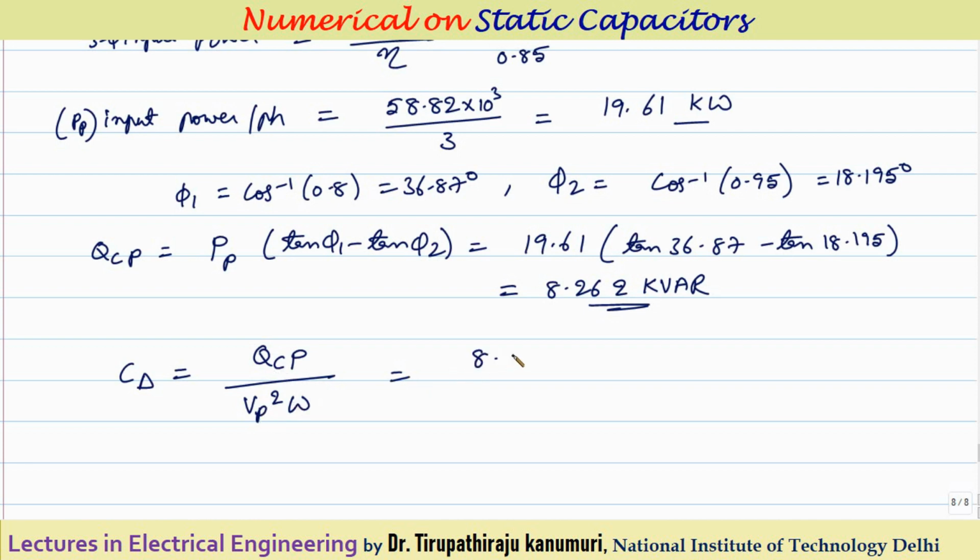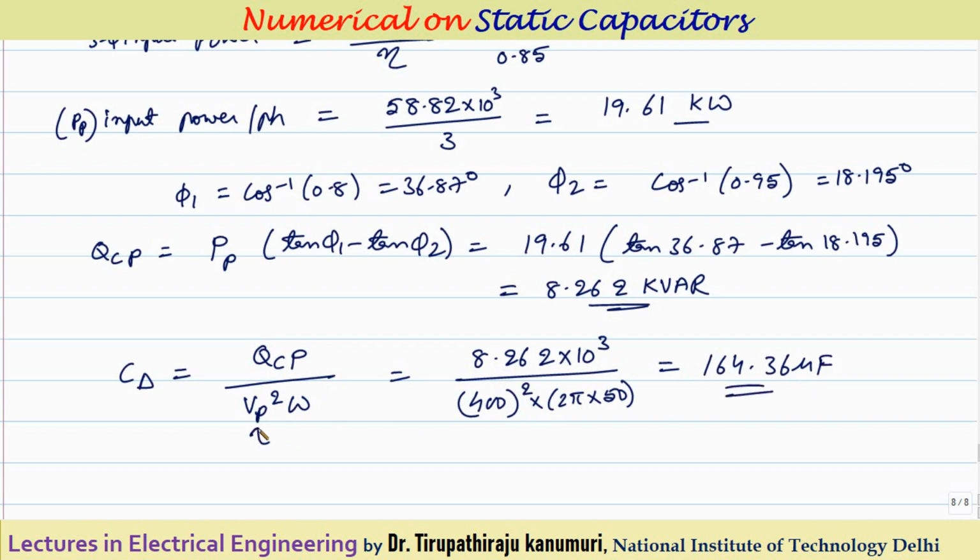So this will be 8.262 into 10 to the power of 3 divided by 400 square into 2 pi into 50. So this will be 164.36 microfarads. So you may unnecessarily confuse. So this is equal to VL for delta connection. So this I have already shown before.